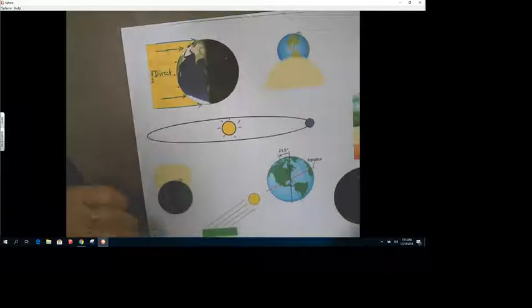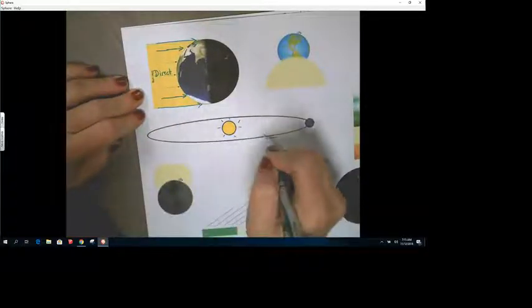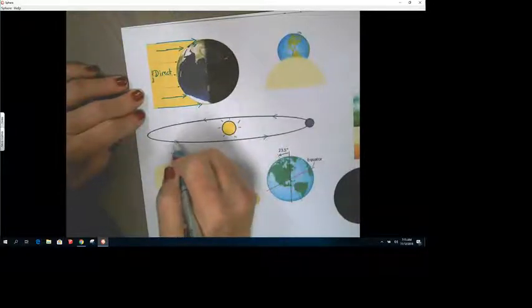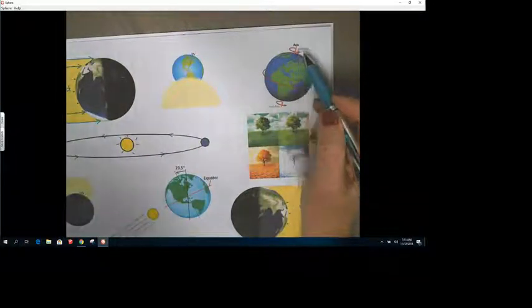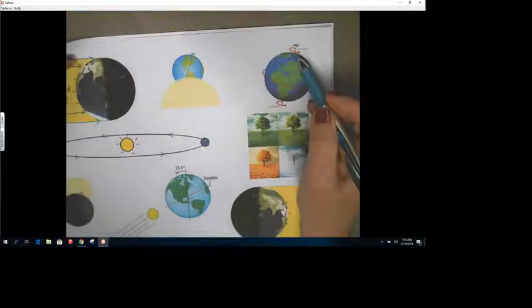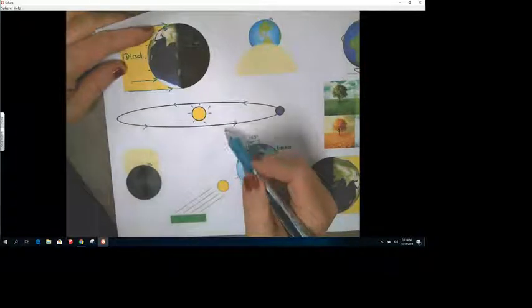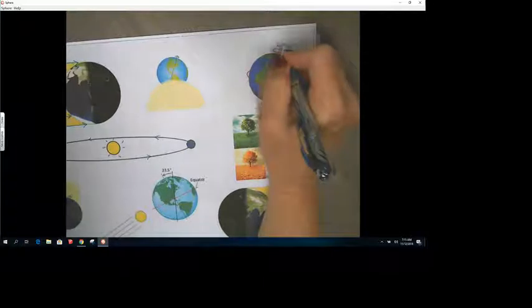Okay? This here, remember, it shows us that it is revolving around the sun. And then here, again, we have that it is rotating. Rotation gives us day and night. Revolving gives us seasons. What else gives us seasons is this tilt.